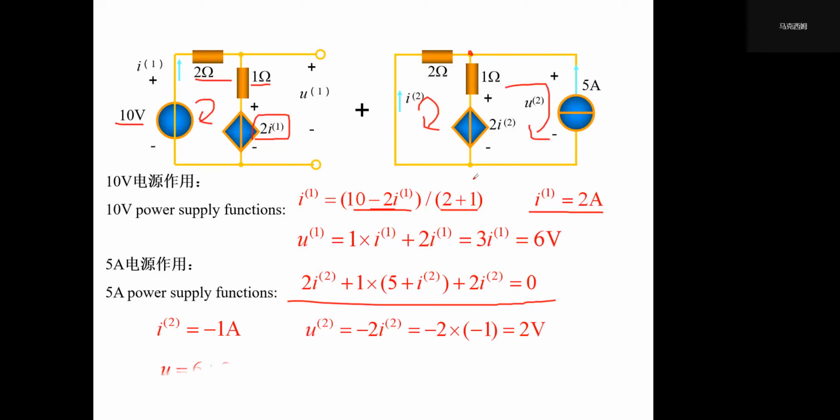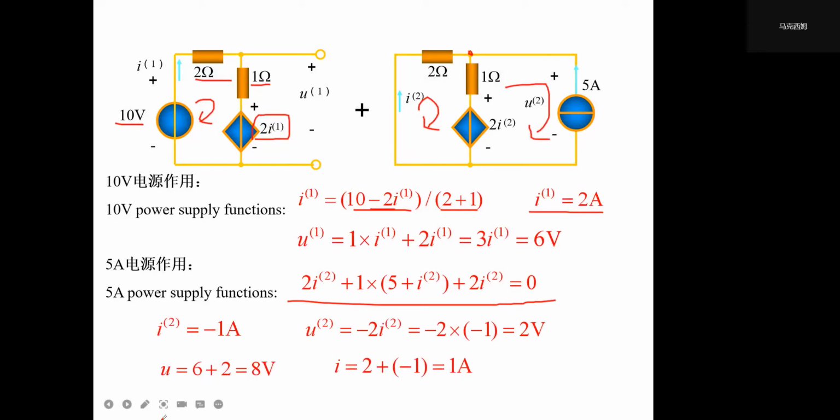Combine them together, right? 2 amp, -1 ampere. So from this case, we know how to deal with the branches that contain a control source.